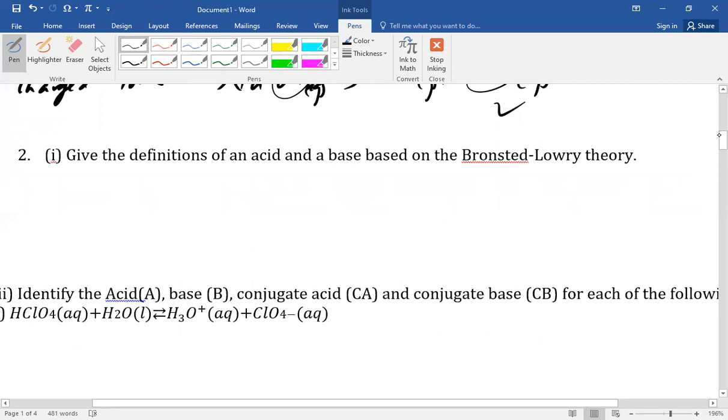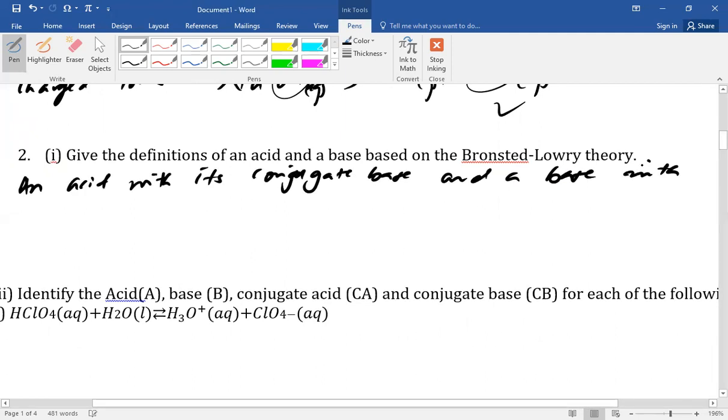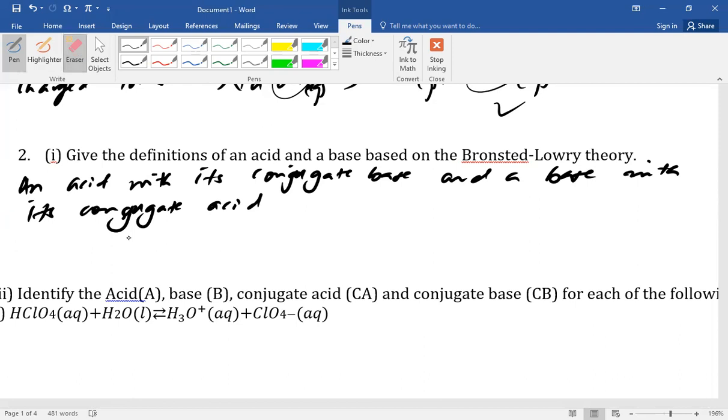So here we'll be talking about conjugate acid to base pairs, which is defined as an acid with its conjugate base. Okay, so that's the Bronsted-Lowry theory definition of acid and base.